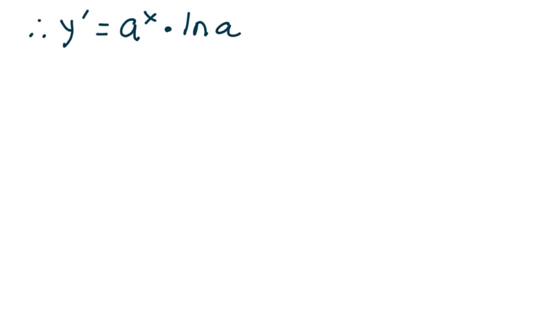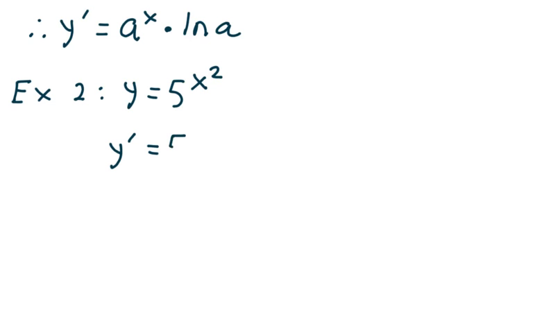And so, for example 2, suppose we want to apply that. Suppose I let y equal 5 to the x squared. If I want to take the derivative, I'm going to apply the chain rule.